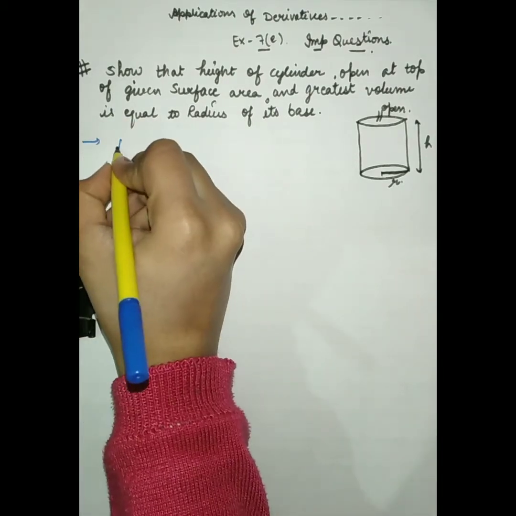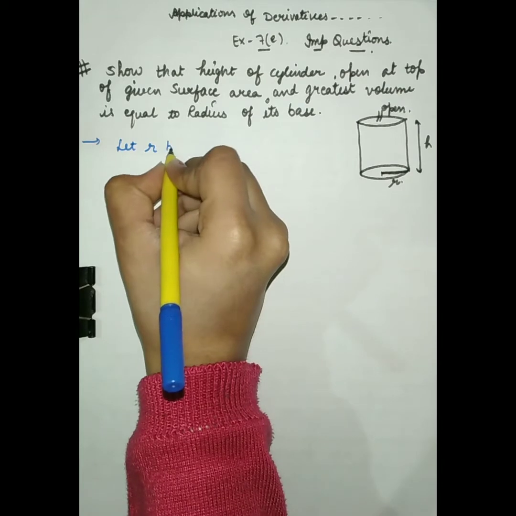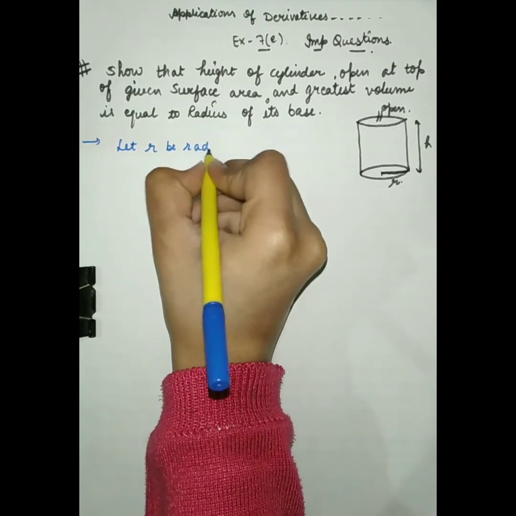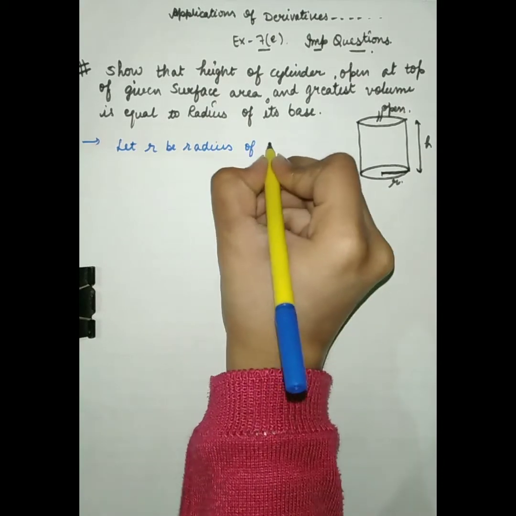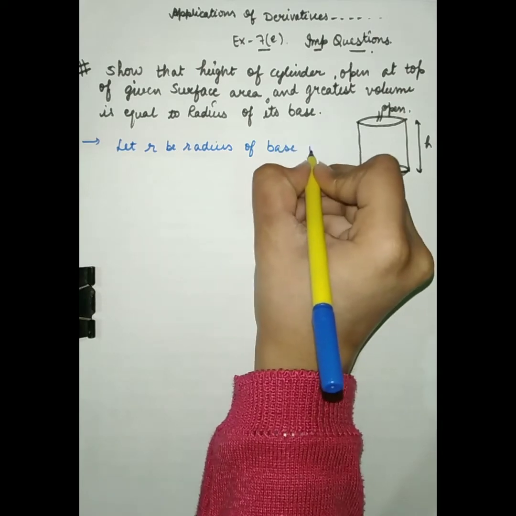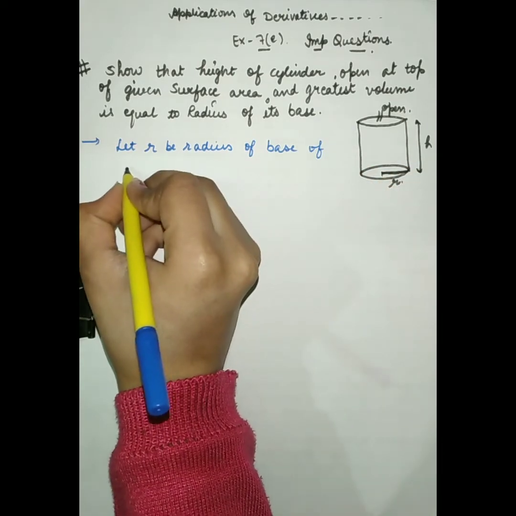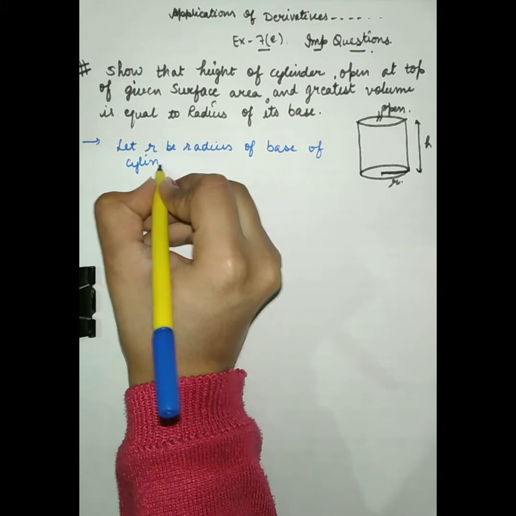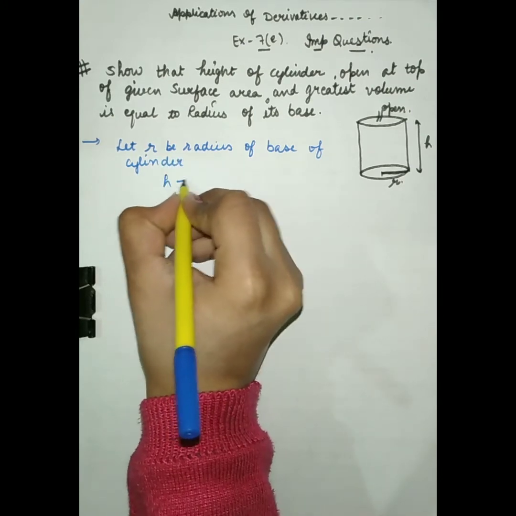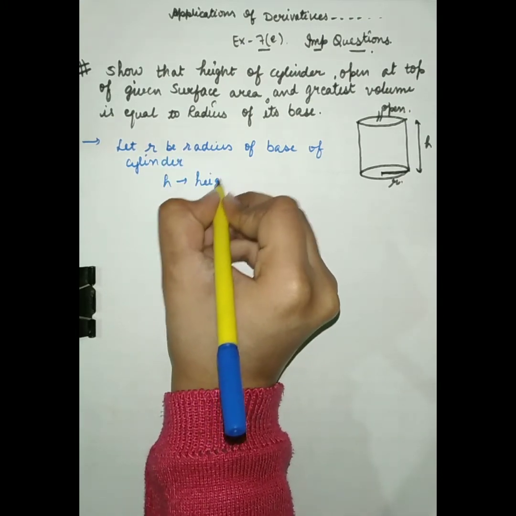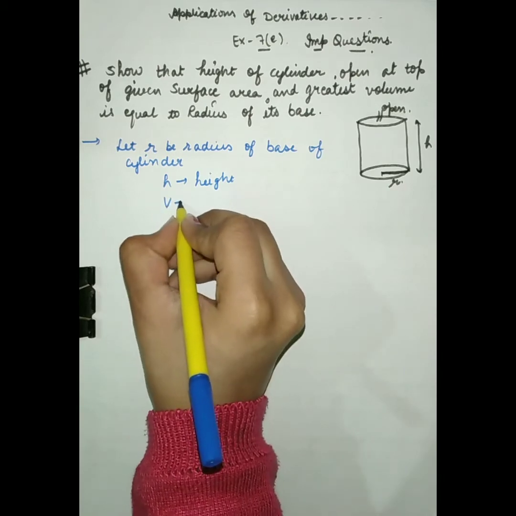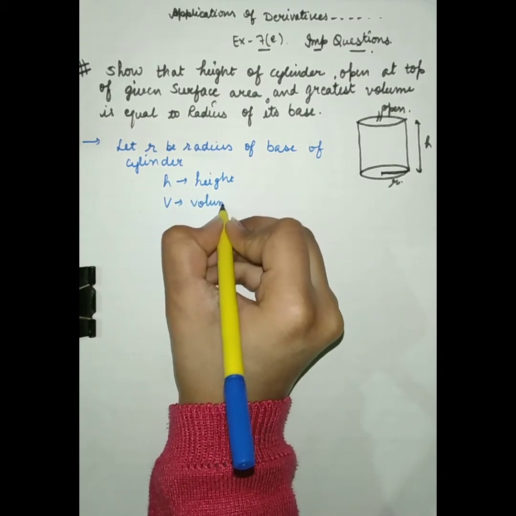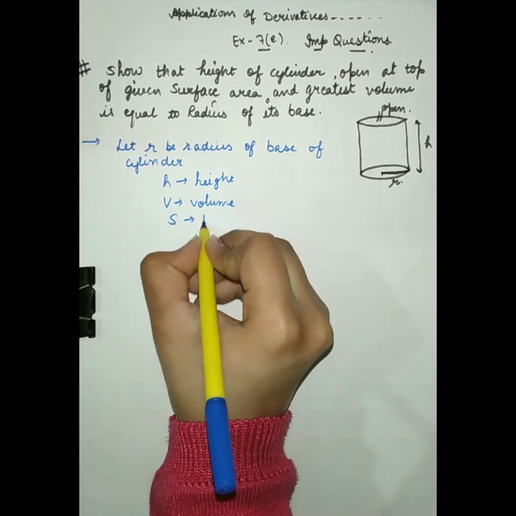In this, firstly we will let R be the radius of the base of the circular cylinder and H be its height, and V be the volume and S be the total surface area.